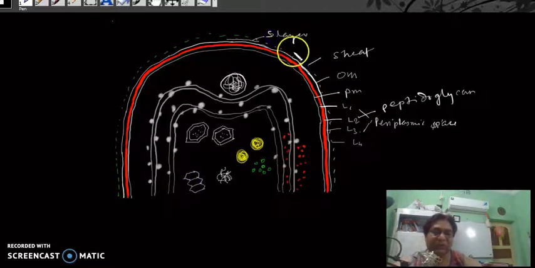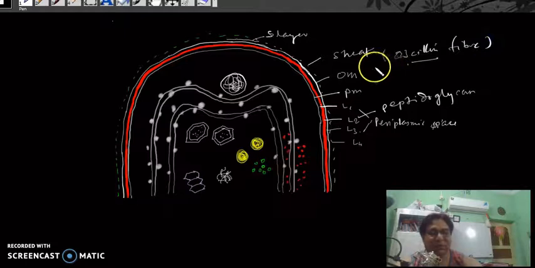This is a proteinaceous layer called the S layer. After that, the oscillin fibrous layer. This sheath-like structure contains proteinaceous fibers called oscillin fibers, and they help in the gliding movement of the organism. But these two structures, the S layer and the sheath or the oscillin fibers, are not present in all members.